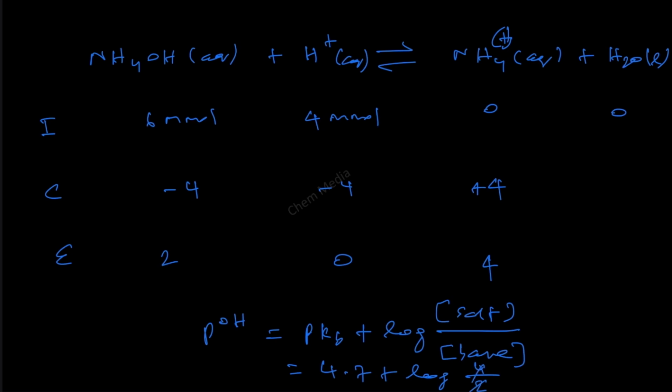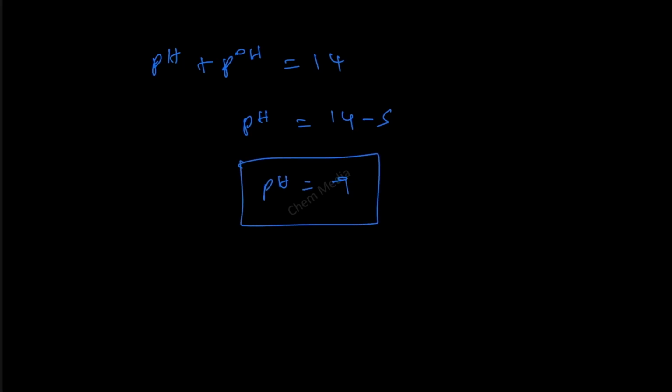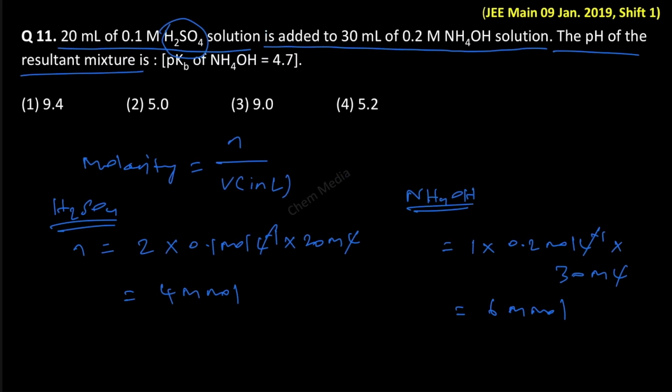So this will become log 2. Log 2 is 0.3010. So the value of pOH is equal to 5, and we know that pH plus pOH is equal to 14. So pH is equal to 14 minus 5. Therefore pH is equal to 9. That is the correct answer. Therefore option 3 is correct.